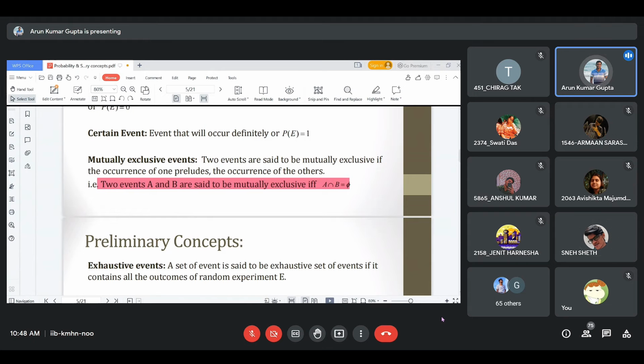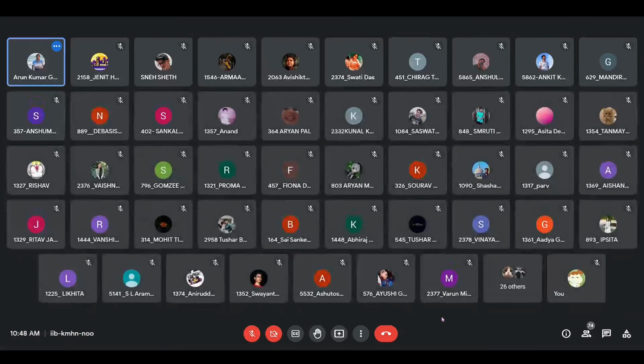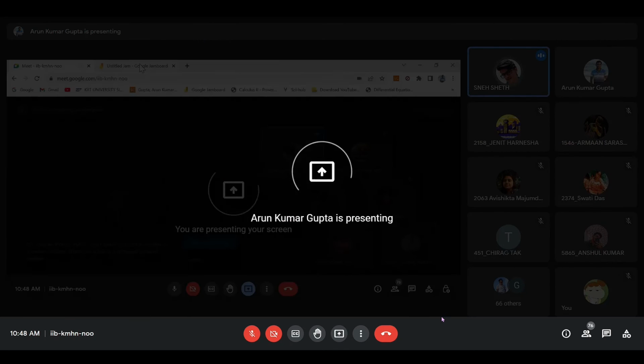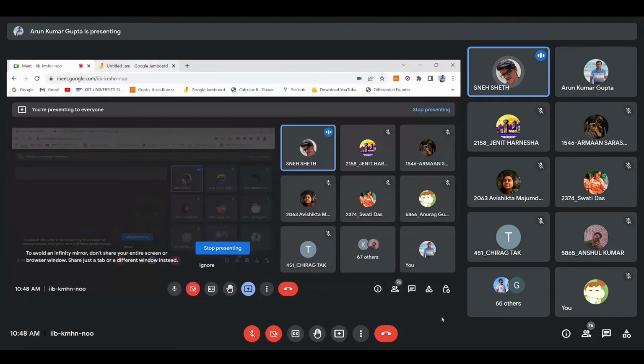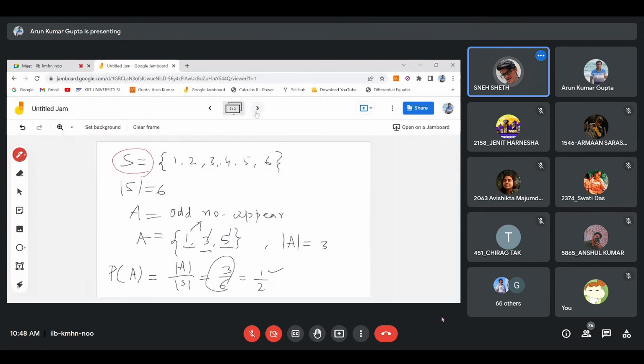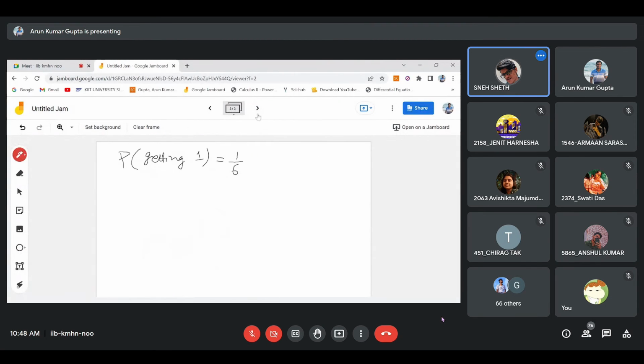Say event one is A1 and the second is A2. A1 intersection A2 intersection A3 till AN will be phi, and the union of all the events will be the sample space. Then these events are mutually exclusive and exhaustive.